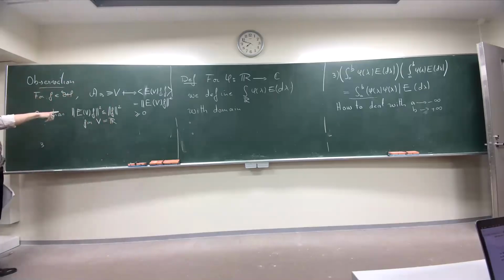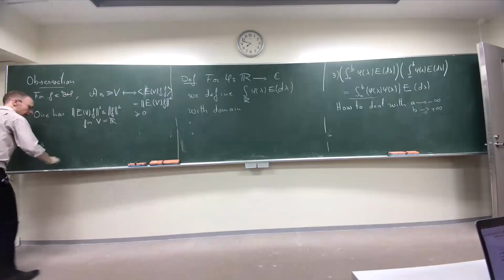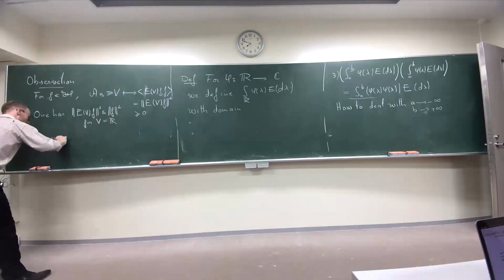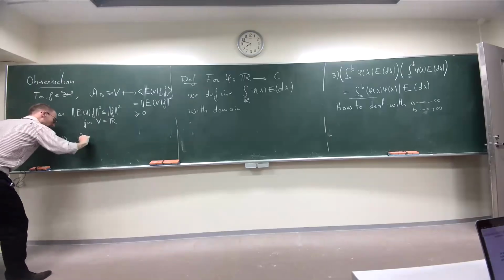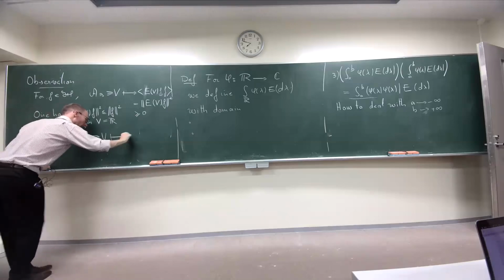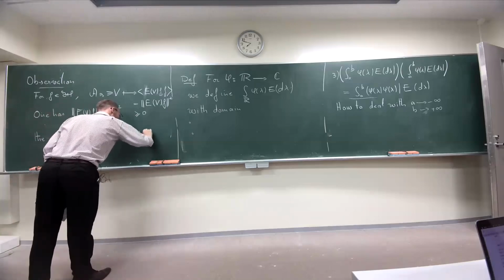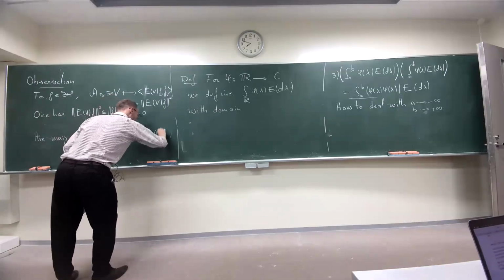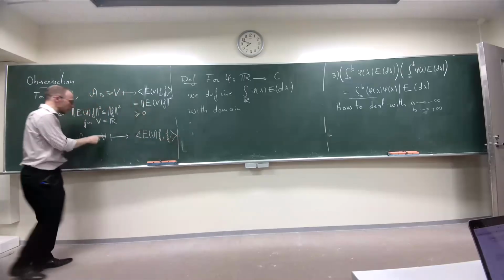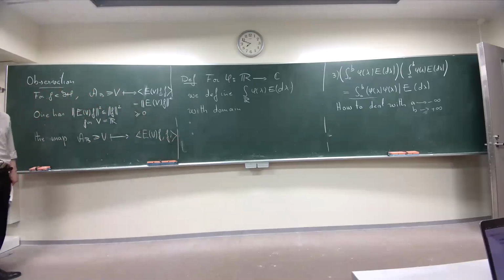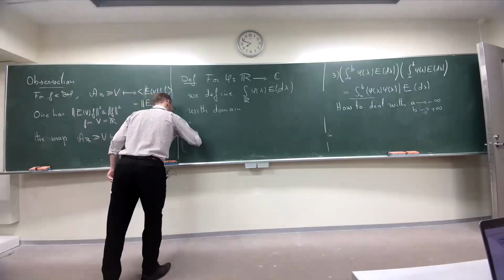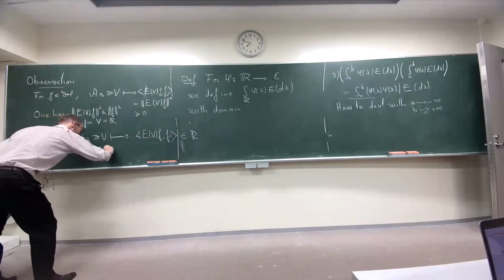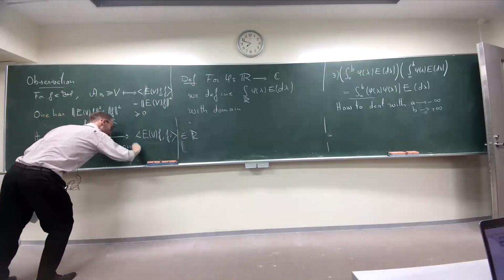So you have a function. So we end up with the map, take a V, goes to this E of V F F. So it's a function which takes any of these intervals and sends it to a real number, which is what we call a measure on R. So what is a measure?